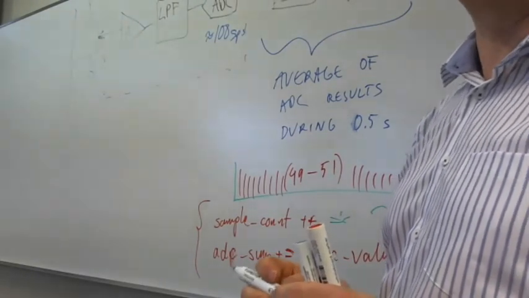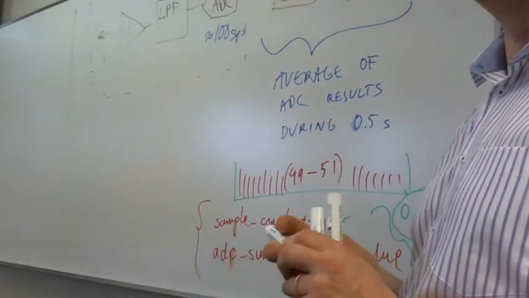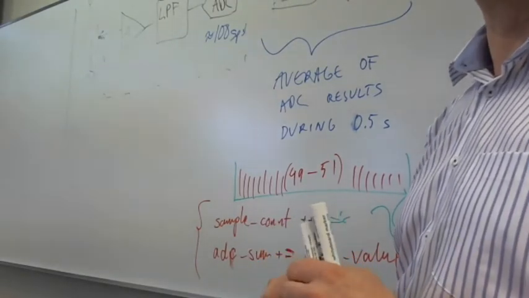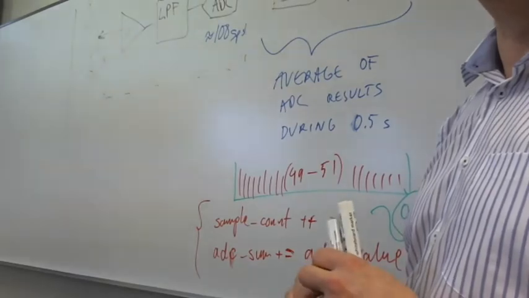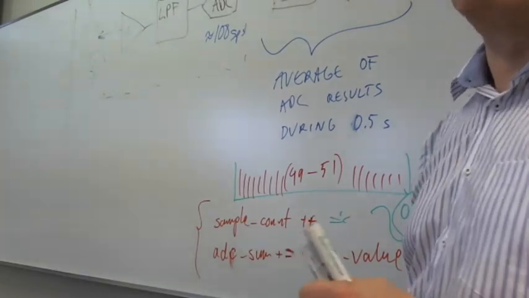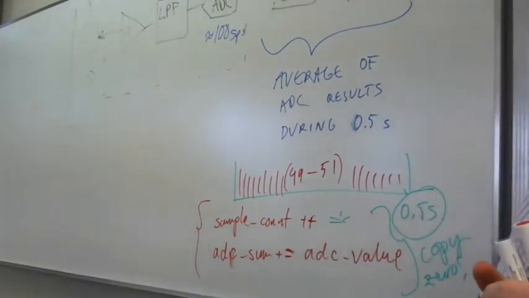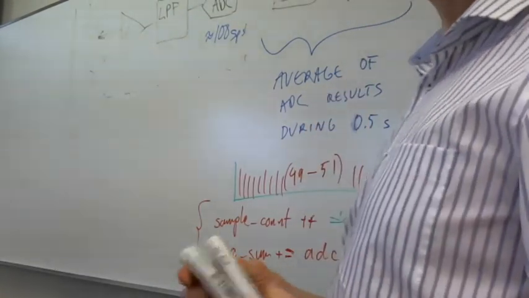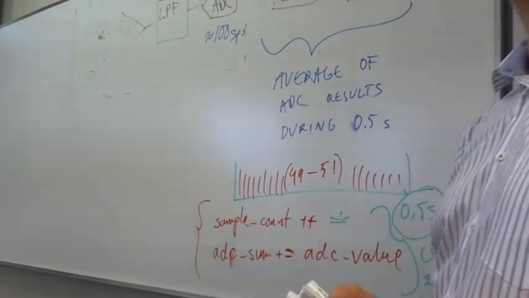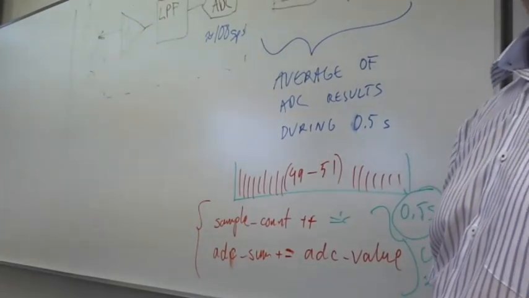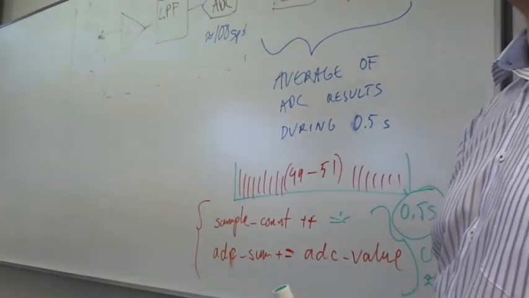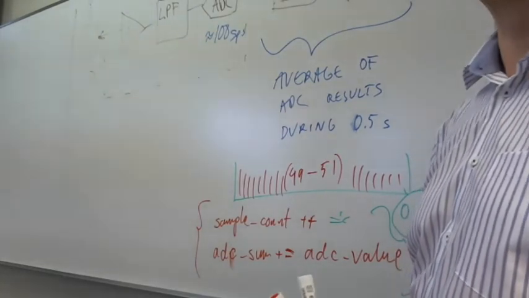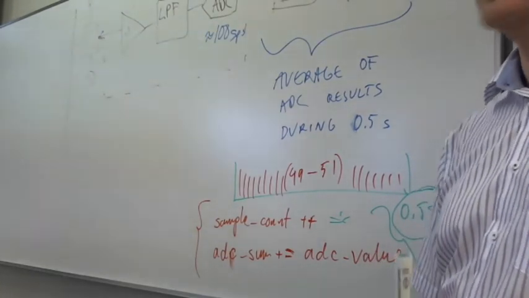Division takes at least 200 instruction cycles on this 8-bit processor. Division is a slow process. Multiplication is a little bit faster, but division is generally the slowest instruction on a processor which does not have any mathematical unit. Most modern processors do have the mathematics unit, but this 8-bit processor does not.